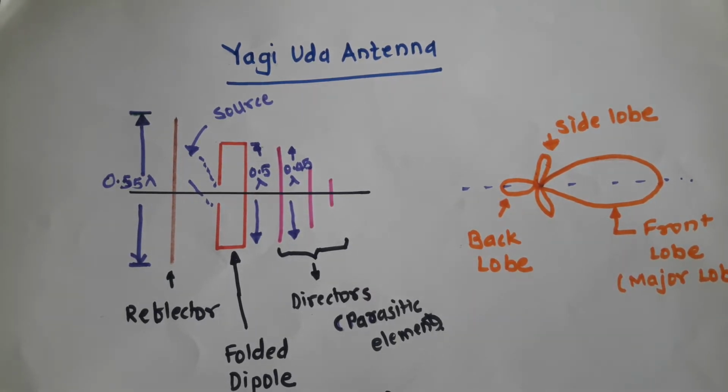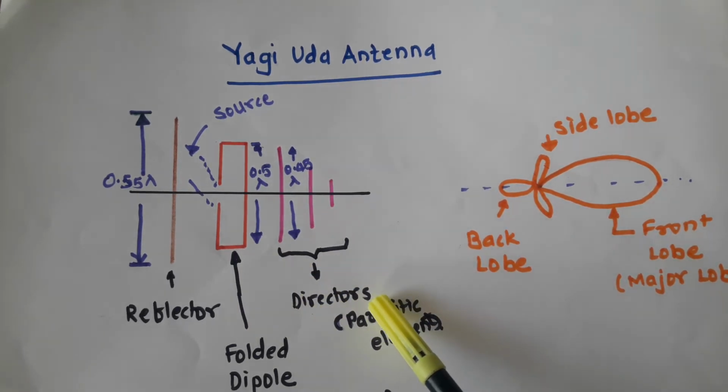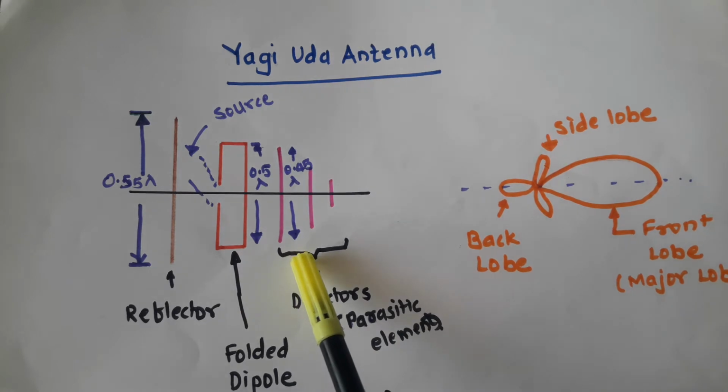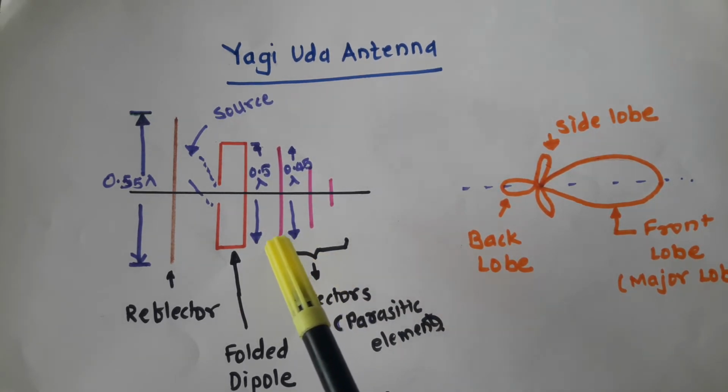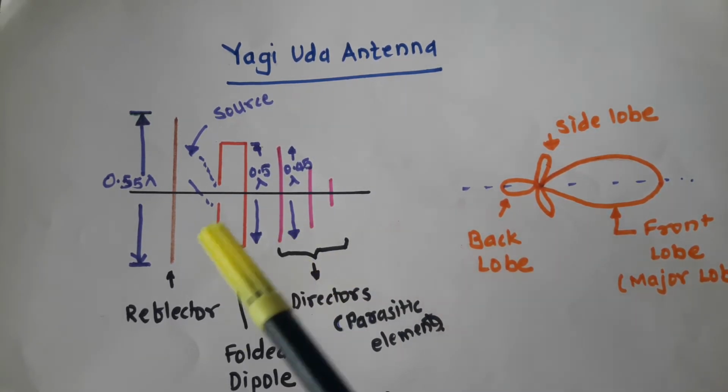Now here we find that the Yagi Uda antenna is basically a 3-element antenna. The first element is the reflector. Then the second element is the folded dipole, which we discussed in our previous lecture in detail. And the third element is the director. The director may be a single one or it may be more than one.